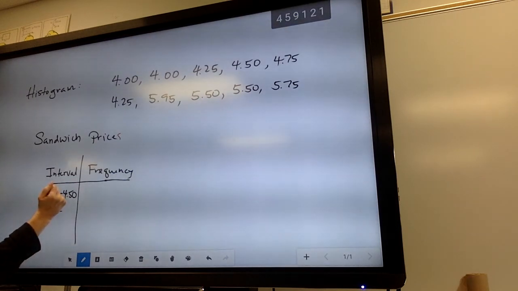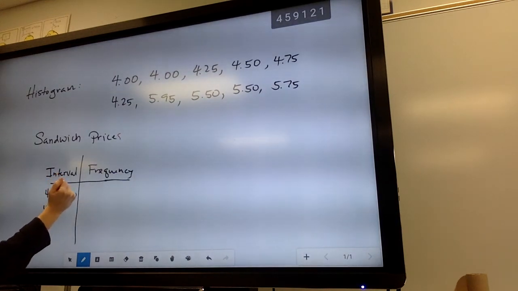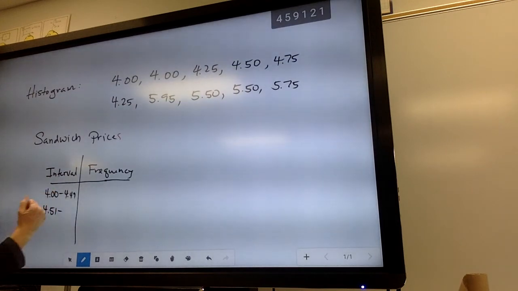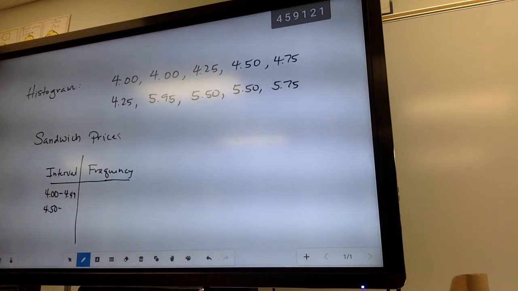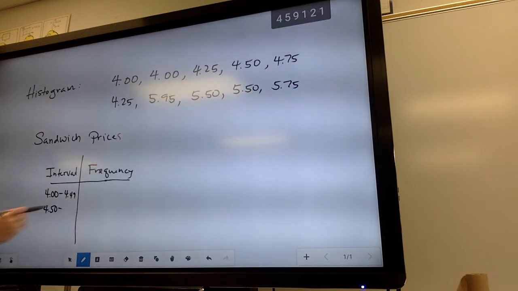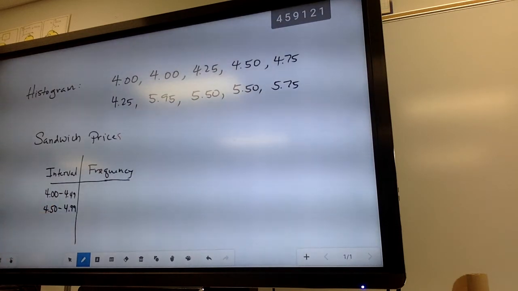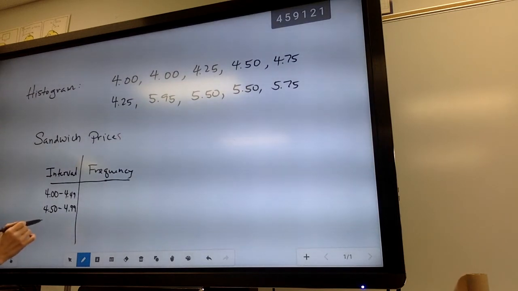I'm going to say $4 to $4.49. And then I'm going to make my next interval $4.50. What would it go up to if the interval is consistent? $4.99. Yep. So I'm going to put 49 cents in each interval. Otherwise, my numbers are going to get a little bit crazy.